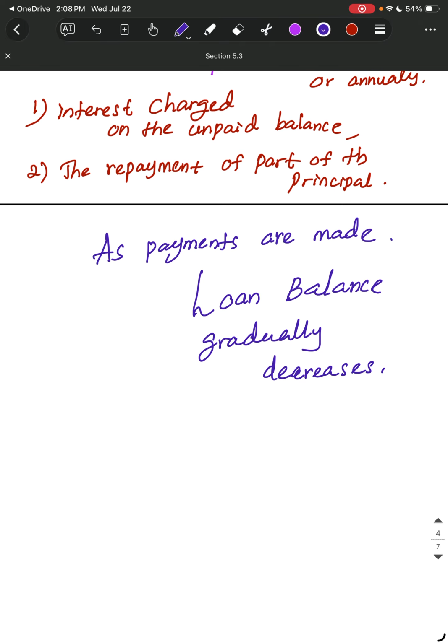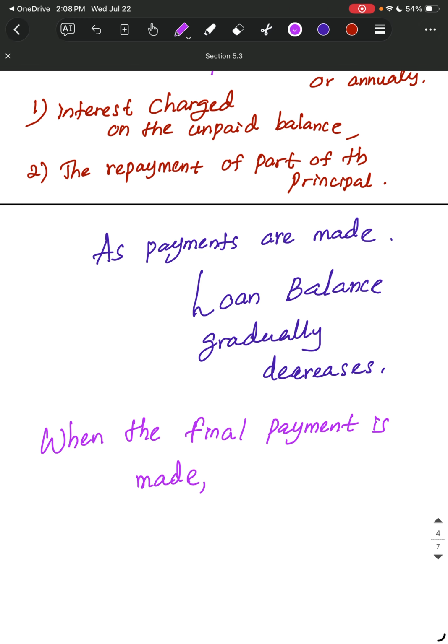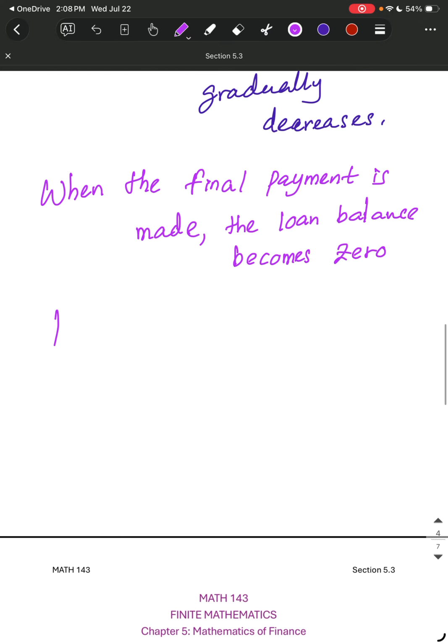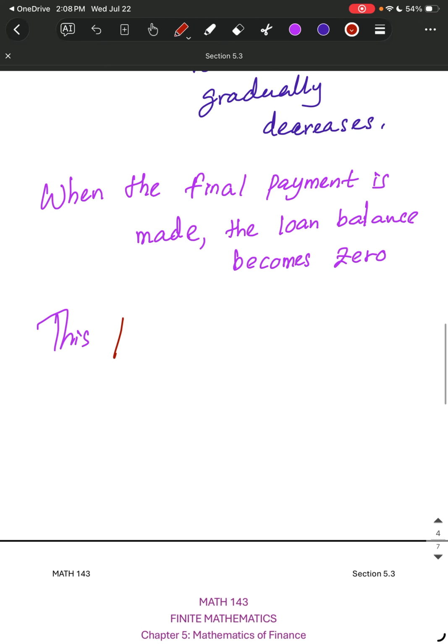So when the final payment is made, the loan balance becomes zero. This process is called amortization.